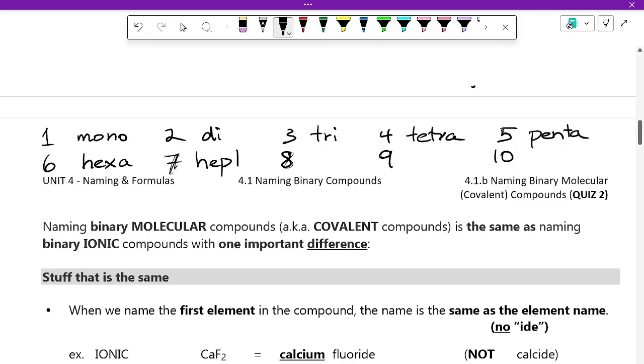People tend to get 6 and 7 mixed up, but 6 has an X and hex has an X. So 7 is hepta, 8 is octa, 9 is nona, sorry, 10 is deca. That's why I keep saying deca.